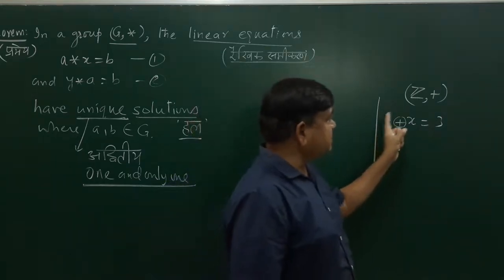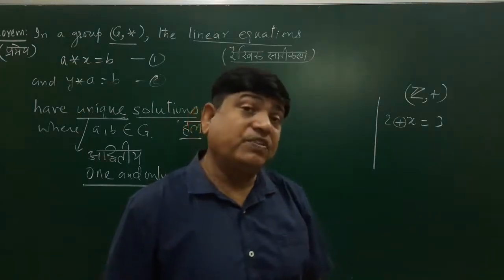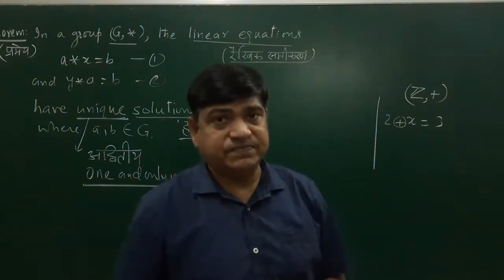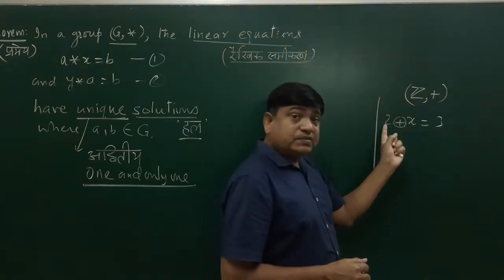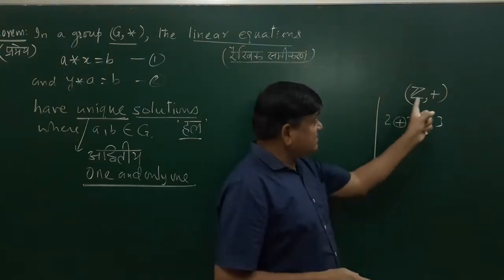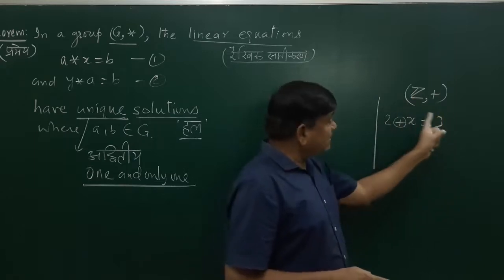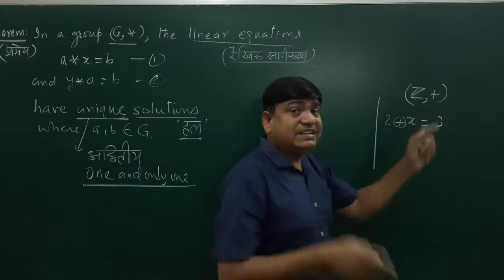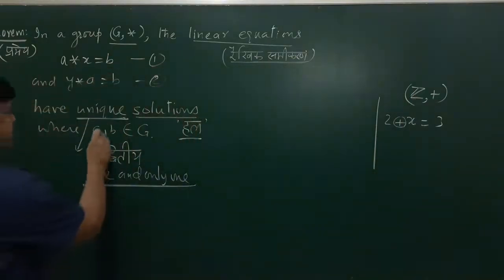Generally we transpose this term to this side, but we are doing abstract algebra, so we compose the elements. 2 is an integer, 3 is an integer. 2 and 3 both are members of Z, just like A and B are members of Z here, you can see.